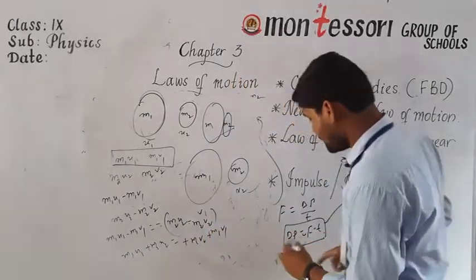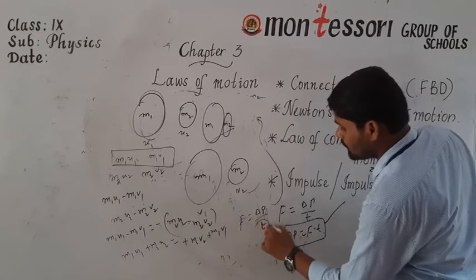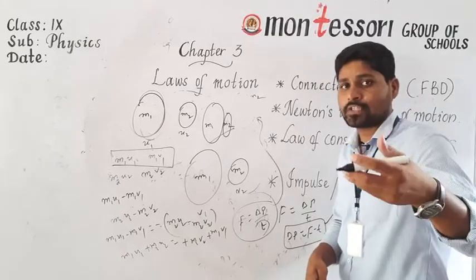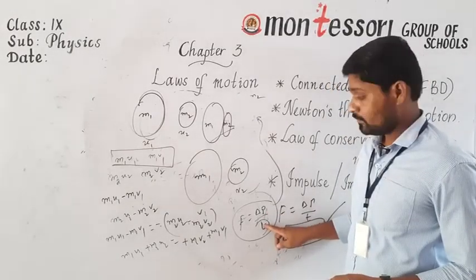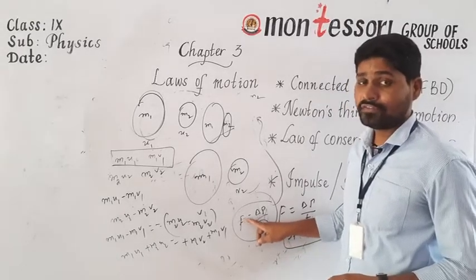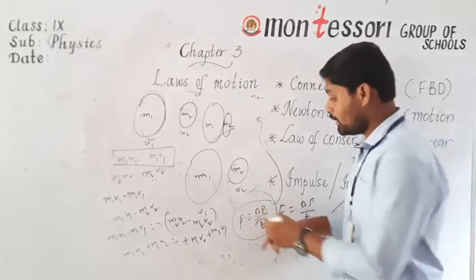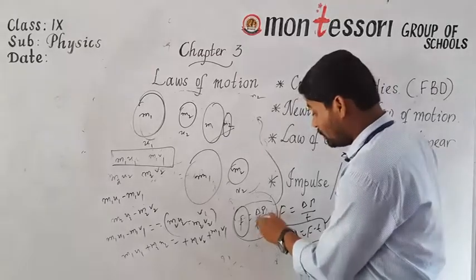See here, from this, F is equal to delta P by t. First of all, take the case of the egg which drops on the cement floor. Here less time, more force. Definitely the change in momentum is more. The change in momentum depends not only on the force, it depends on time also.